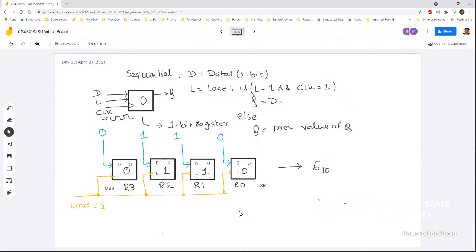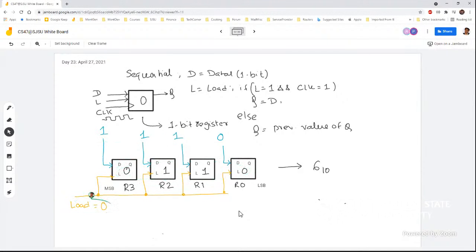And then you turn this load signal to 0. Now even if some external component changes this bit to 1, which together represents a value of 14, your internal storage will still be 6 because your load is 0.